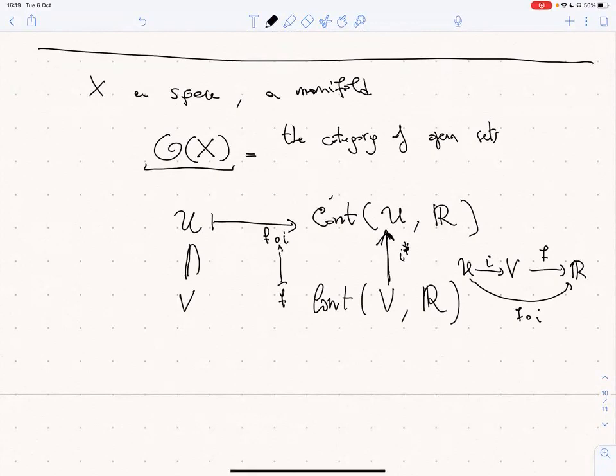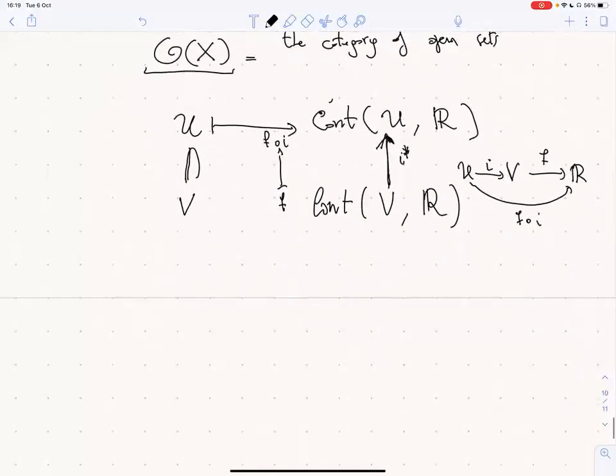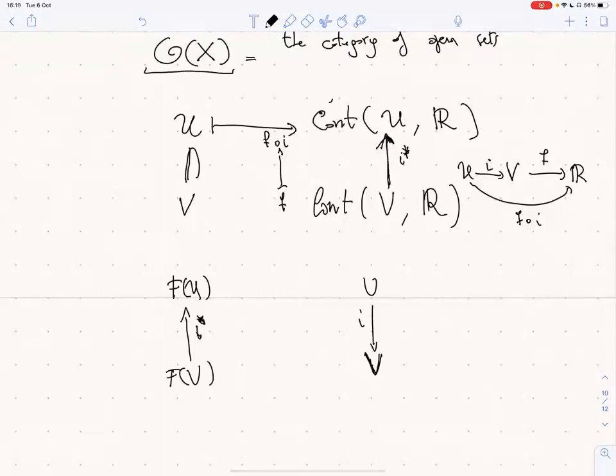Yes. So here what's happening is that this construction is not functorial, because given F of U and F of V, we don't get a map in the same direction. From the definition I gave you, this is not functorial.